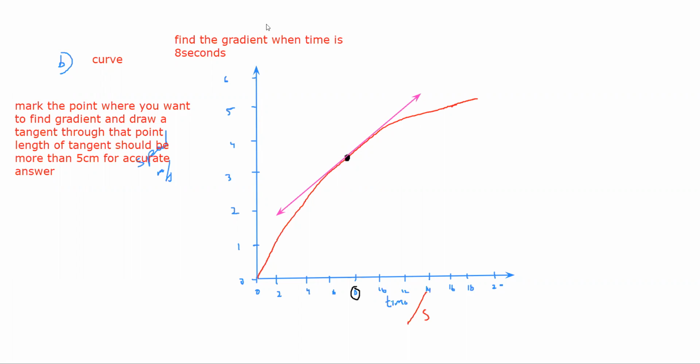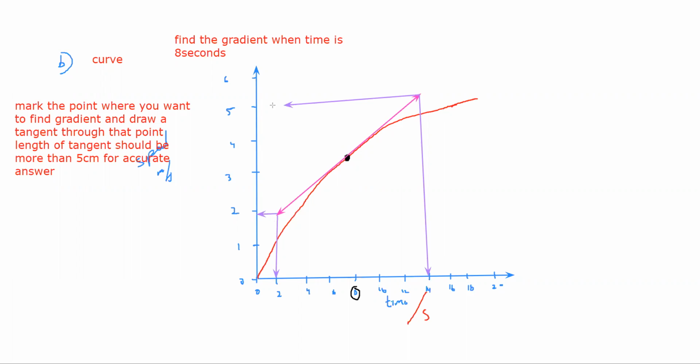And then the first value on the x-axis is called x1. The second value of the tangent on the x-axis is called x2. The first value on the y-axis is called y1.